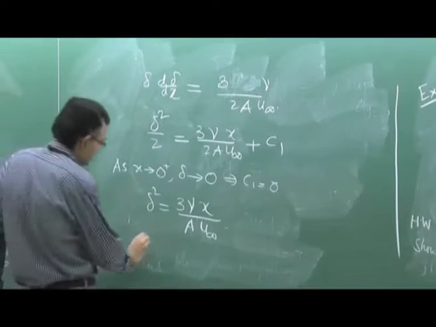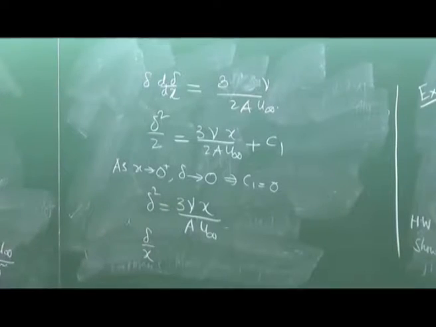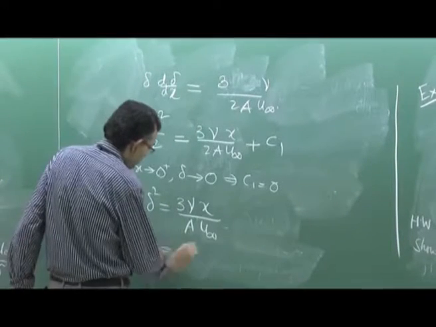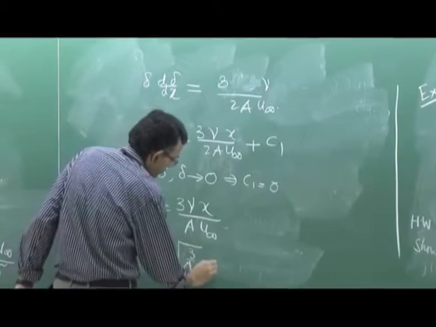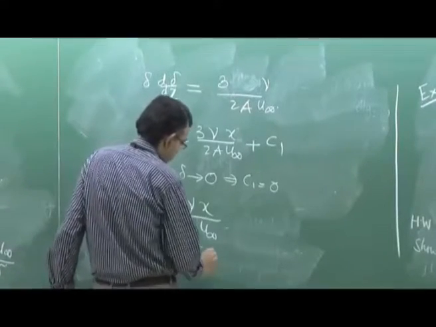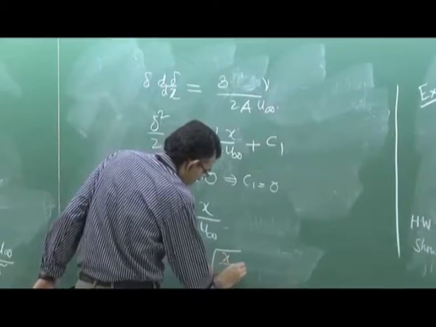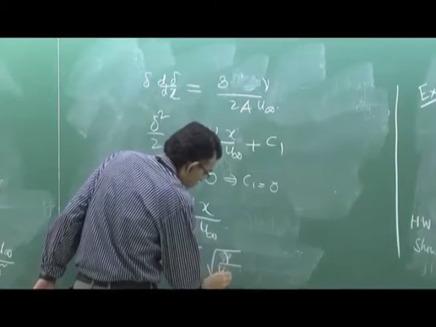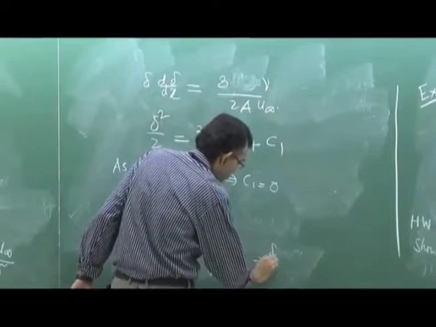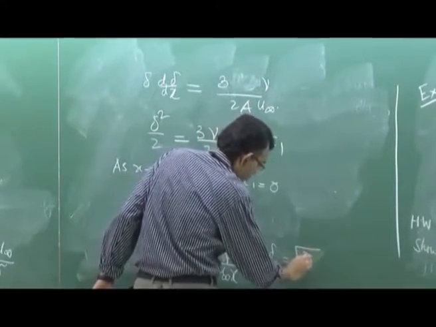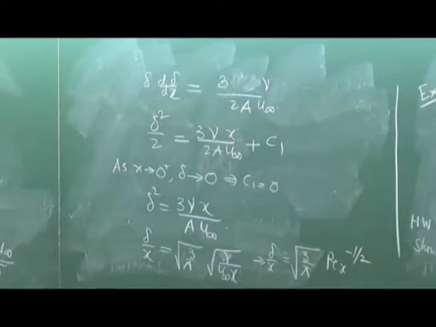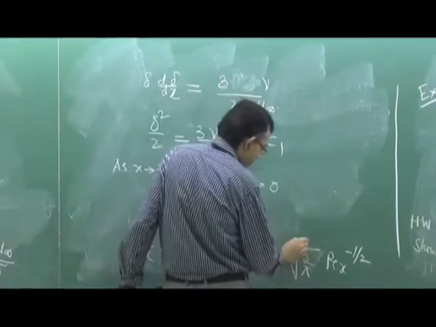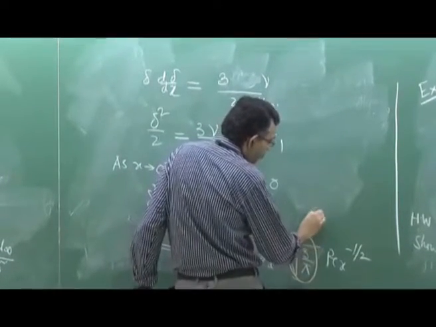That means delta by x, alright. This if you evaluate, this will come to be 4.64.